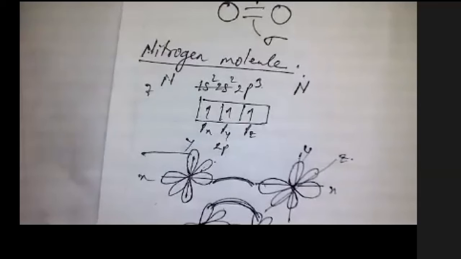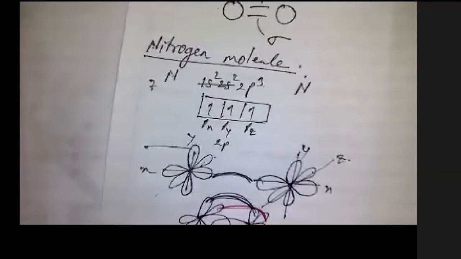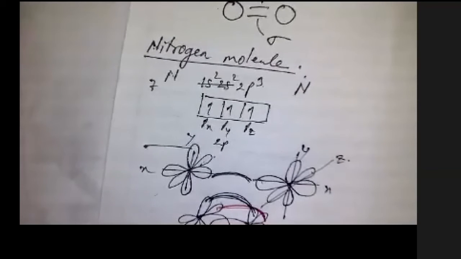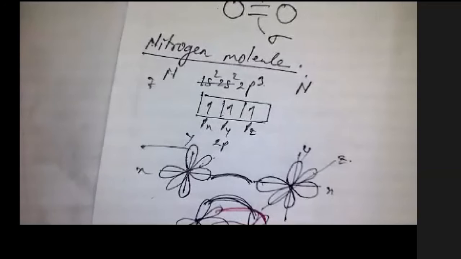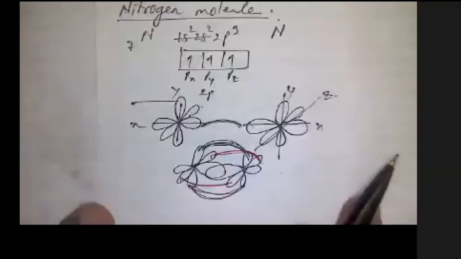And then what else will overlap? This will overlap here, and this will overlap here. So there are different overlappings, isn't it? So one was sigma, other two are lateral, so it will be pi.